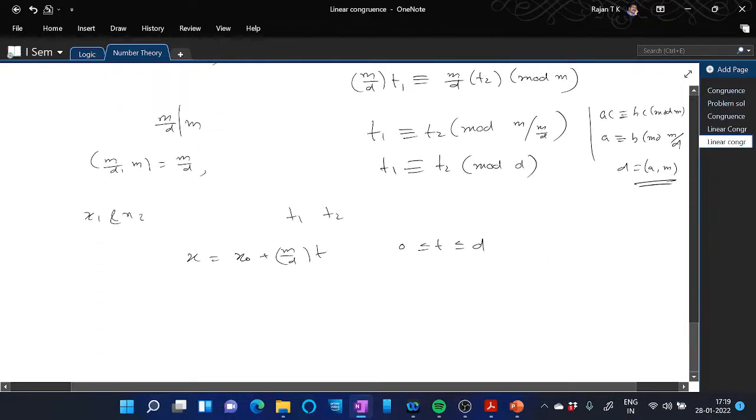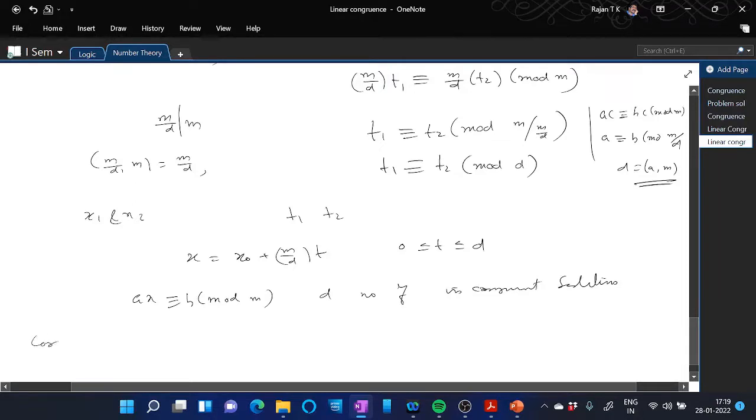They are different. x1 and x2 belong to two different equivalence classes, as t1 and t2 belong to two different congruence classes modulo D. So there are D such congruence classes modulo D. And therefore, Ax congruent to B modulo M has D incongruent solutions.